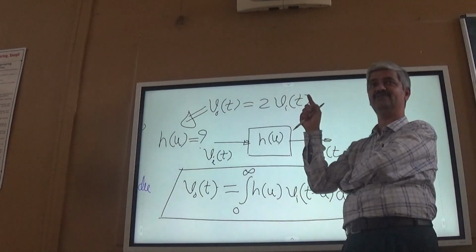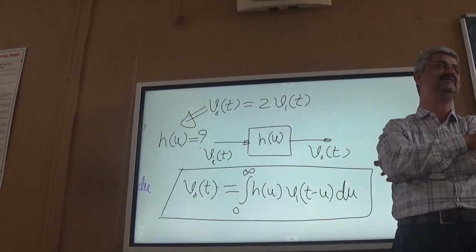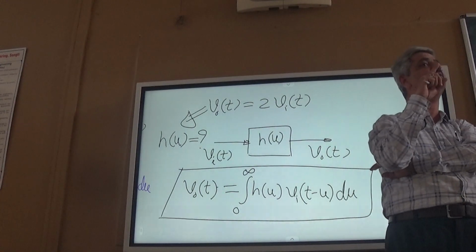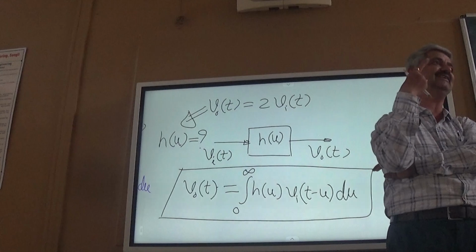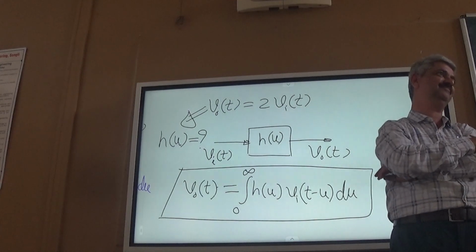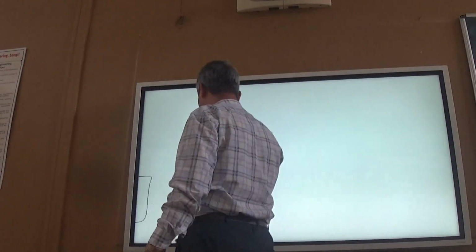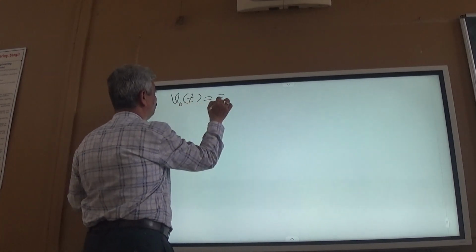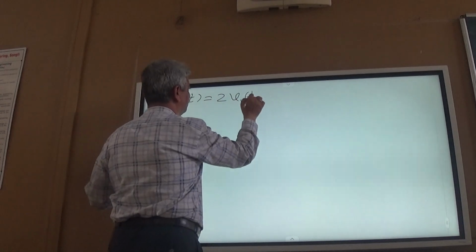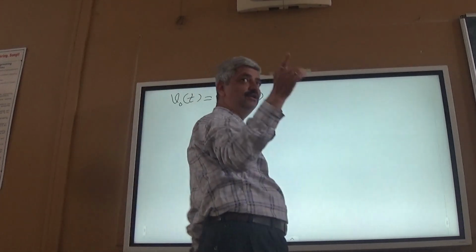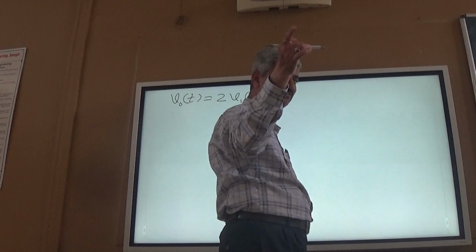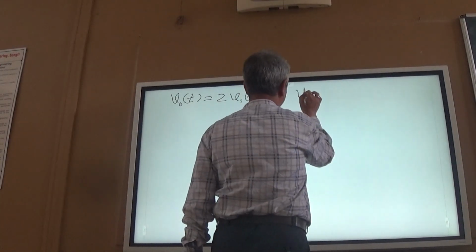VOT here is dependent only on the input at that instant. VOT is equal to 2 Vin of T, and I think you should be able to derive this. You must have been sharp in calculus.